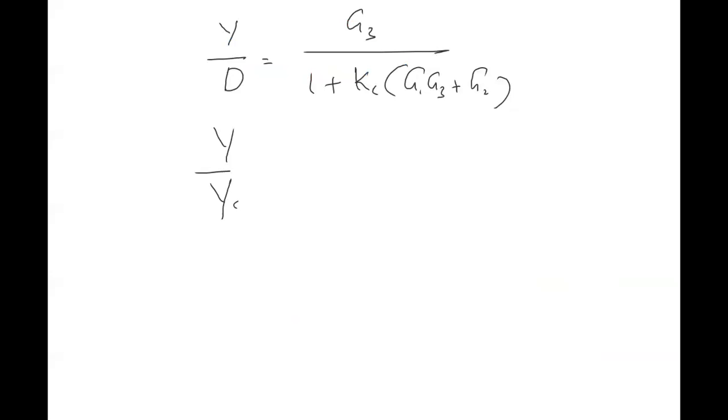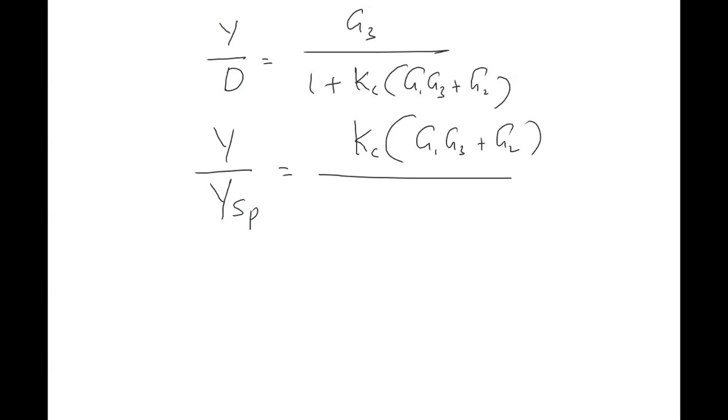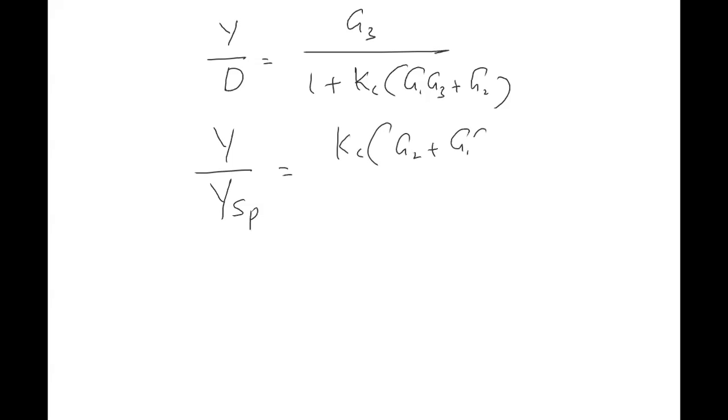Y by Ysp is equal to Kc into G1 G3 plus G2 divided by, so what you get is Kc into. First step is get these two transfer functions.